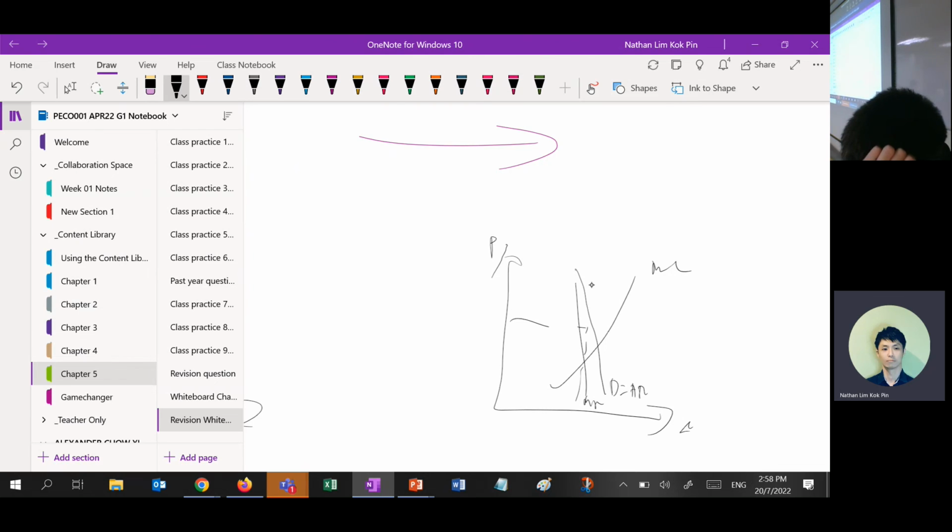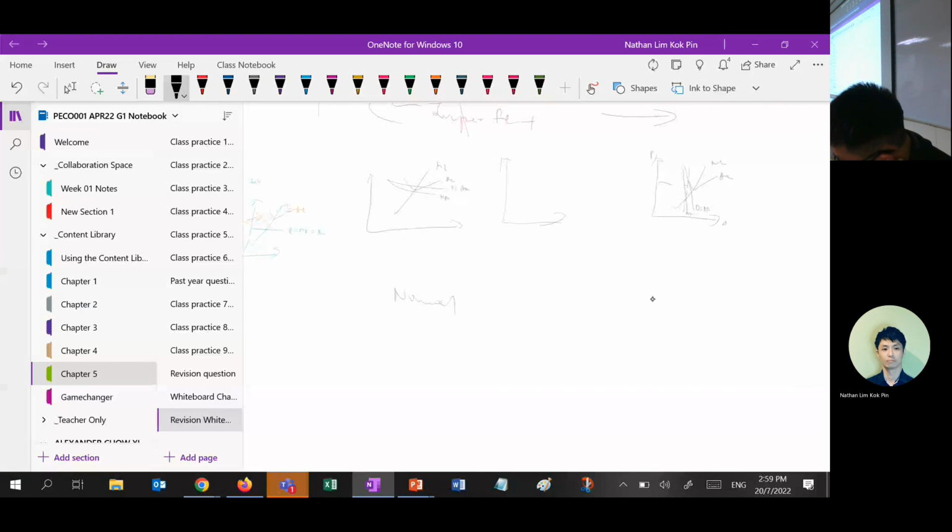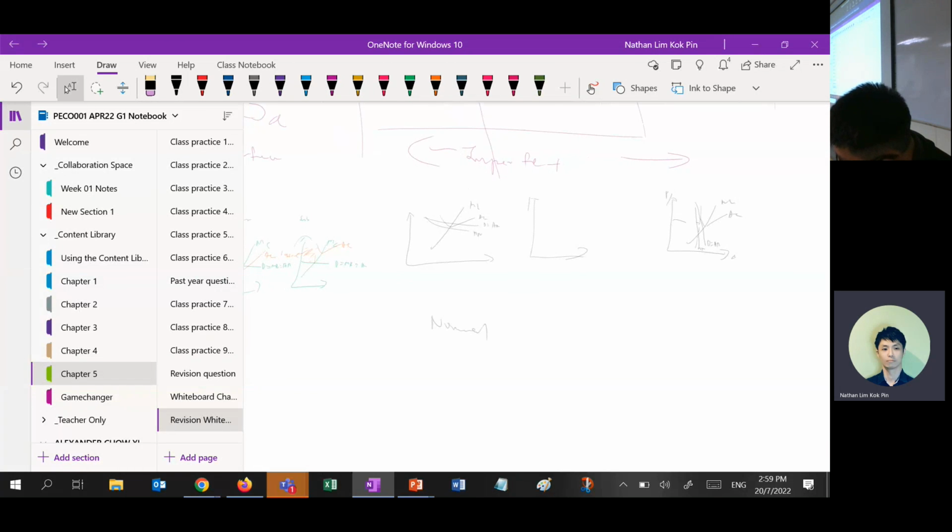This one I draw normal for fun. Long run. This one is normal. This one is normal. This one is don't have. And the rest is the supernormal. That's all. Okay, that's all.